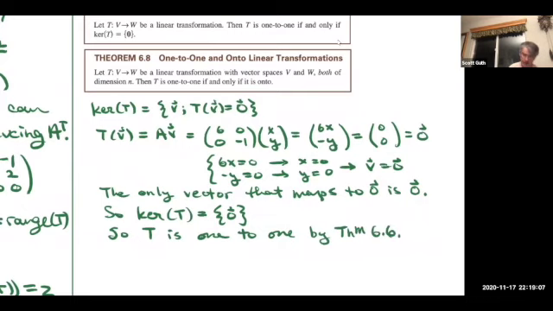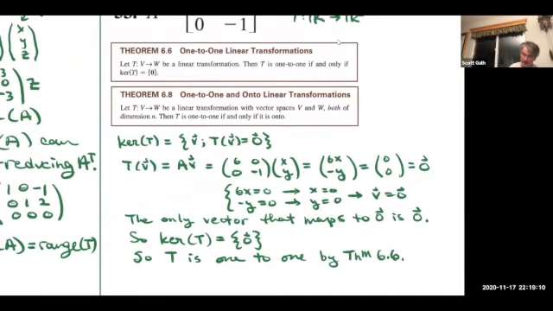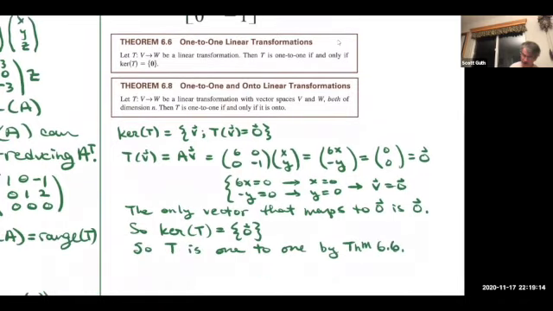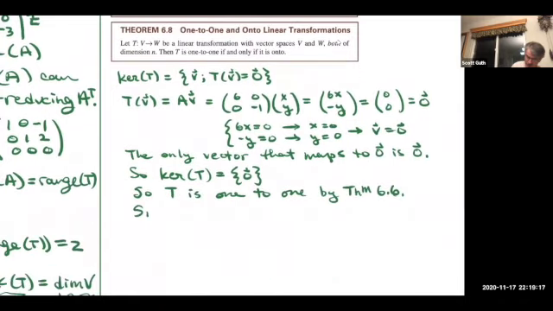Okay. And then because T maps R2 into R2, the domain and the codomain have the same dimension. I don't want to call it the range because that's something else. So both have the same dimension.